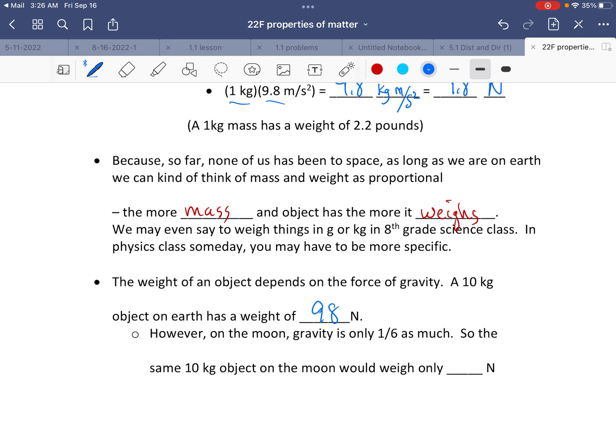However, on the moon, where the gravity is only 1/6 of what it is on Earth, we don't use 9.8, we would use 1/6 of 9.8, whatever that is. So that same 10 kilogram object on the moon would weigh 16.3 newtons. So it's 98 newtons on Earth, 16.3 on the moon. Whatever you weigh on Earth, divide that by 6, that's what you would weigh on the moon.